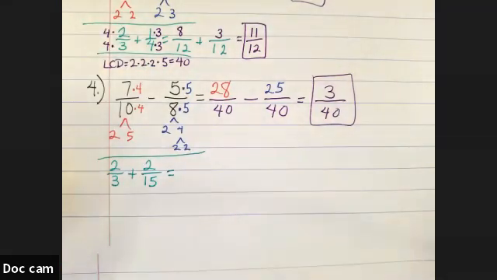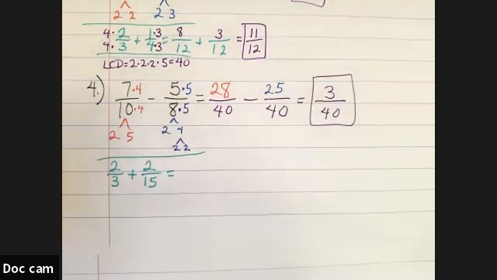So go ahead and work that one. So even if you're watching this video later on, you can take this time to try that problem on your own and see how you do.